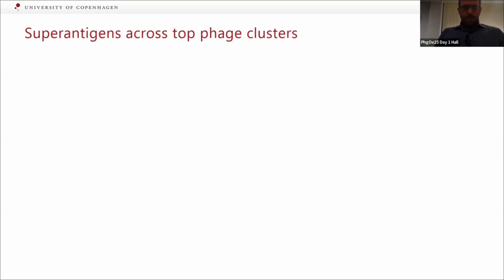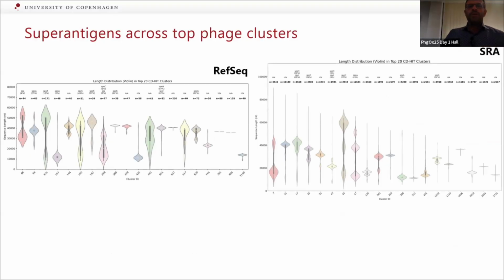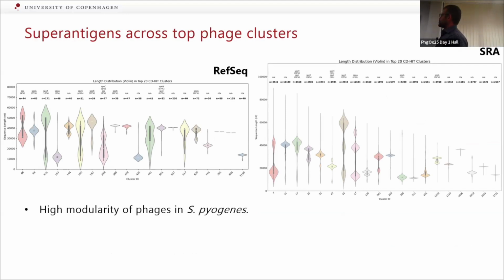So that being said, the prevalence of the superantigens was quite high. We did some clustering of all the phages and satellites across the databases, and we saw a very high modularity.